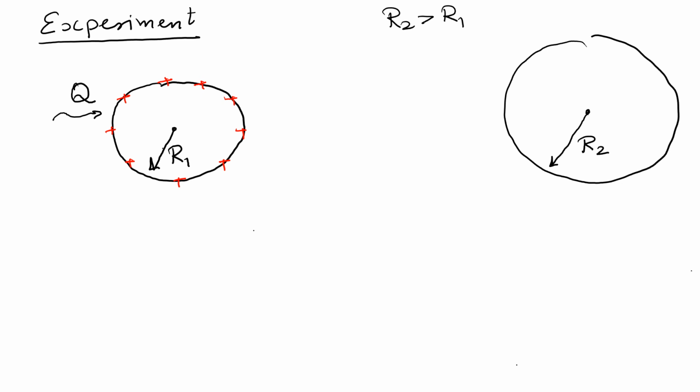Now they are very far away from each other, and that's just for our calculation, ease of calculation purposes. Now what I do is I take a very thin piece of wire or a conductor and I connect them together.